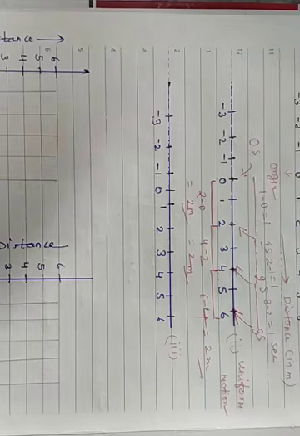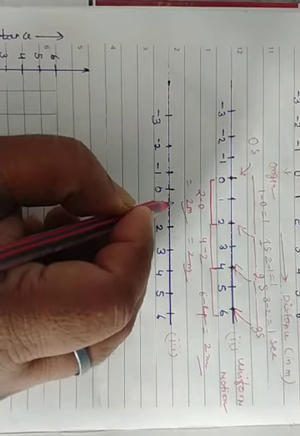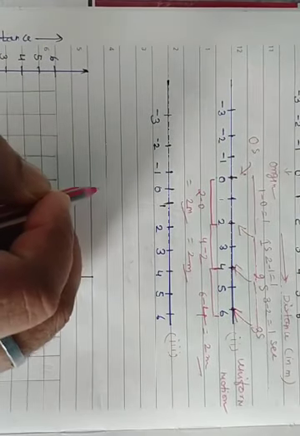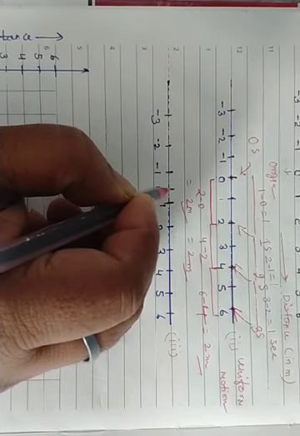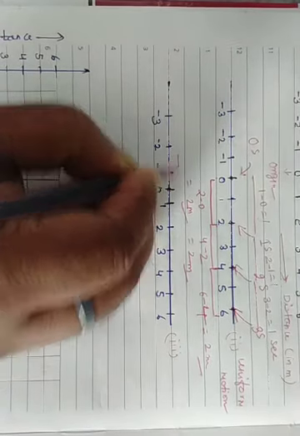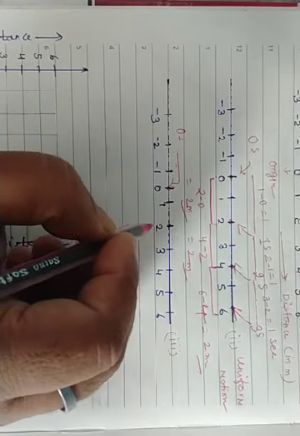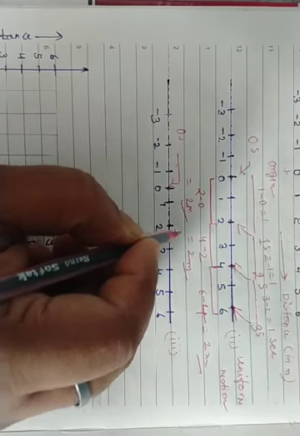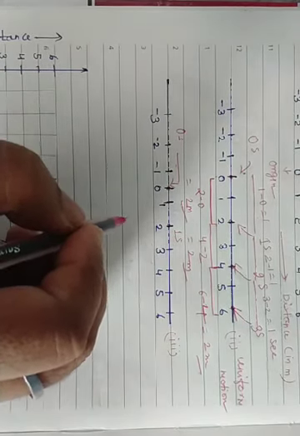Now come to case number 3. Suppose that the position of the body is at a scale of 0 meter at 0 second. In the first second, the body is able to reach a scale of 2 meter.